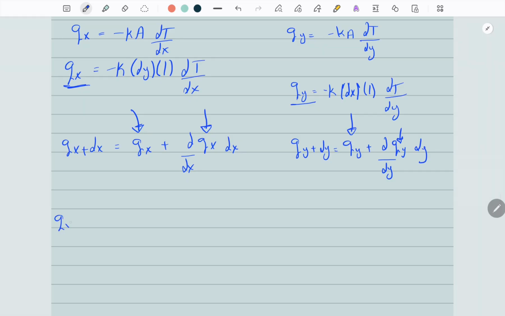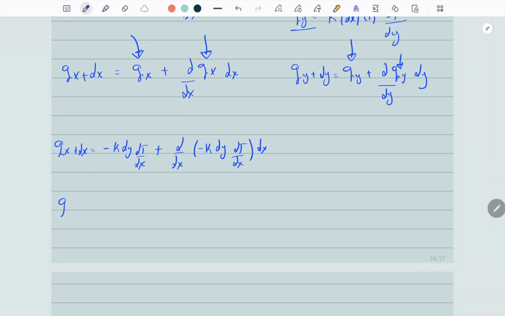Therefore, qx plus dx will equal negative k dy dT over dx, plus the differential of qx, which is that, times dT over dx, in terms of dx. Same thing for the heat leaving from the y direction, which is qy plus dy.